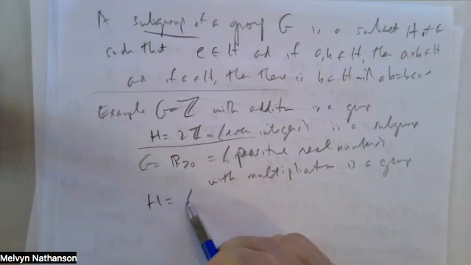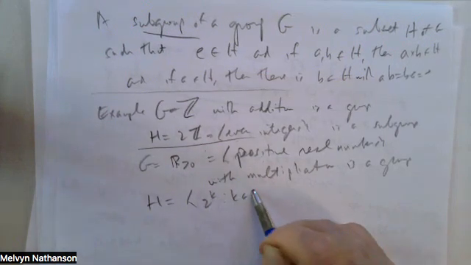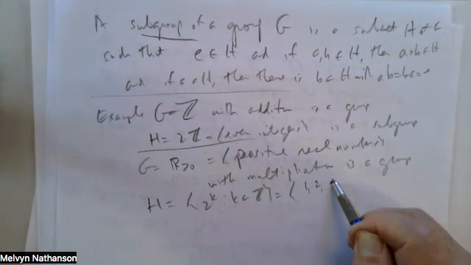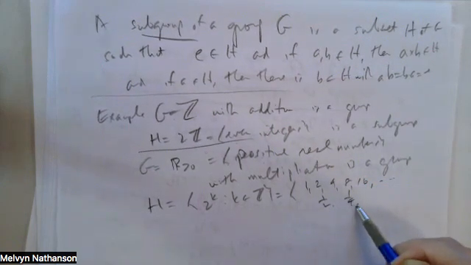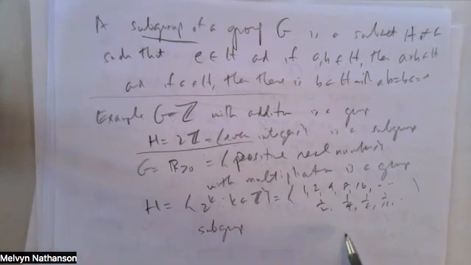And if I take H to be the powers of 2, so this is the positive and negative powers of 2, 1, 2, 4, 8, 16, and so on, a half, a fourth, an eighth, 1/16, and so on, this is a subgroup. It contains 1. The product of two powers of 2 is another power of 2. And the inverse of a power of 2 is a power of 2.